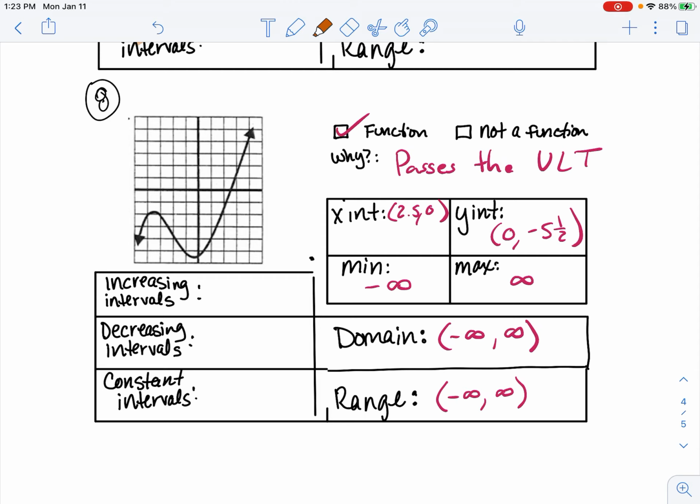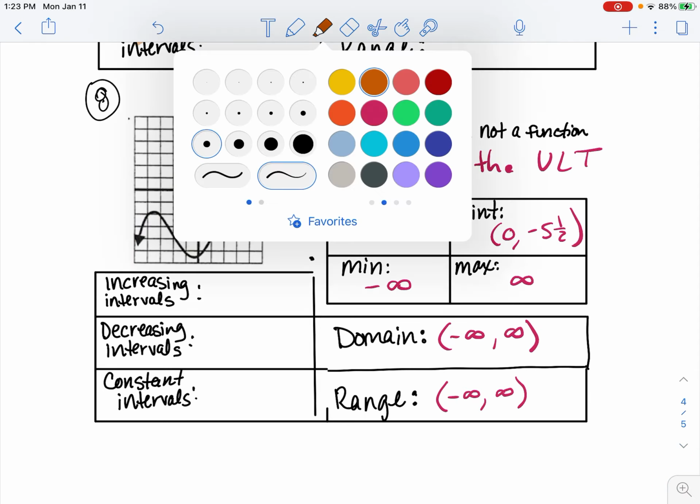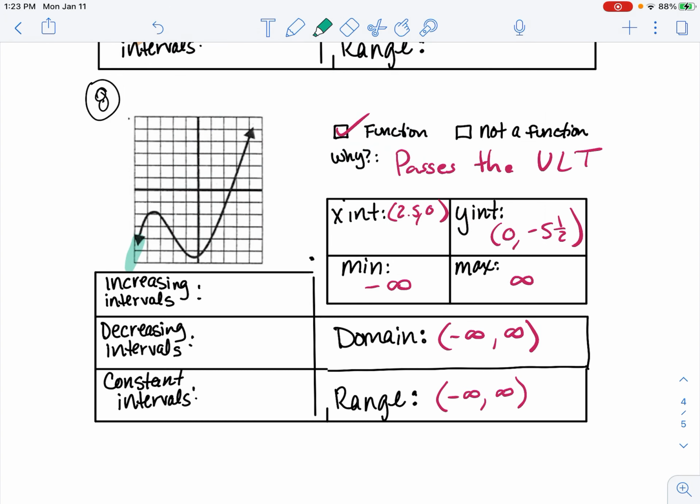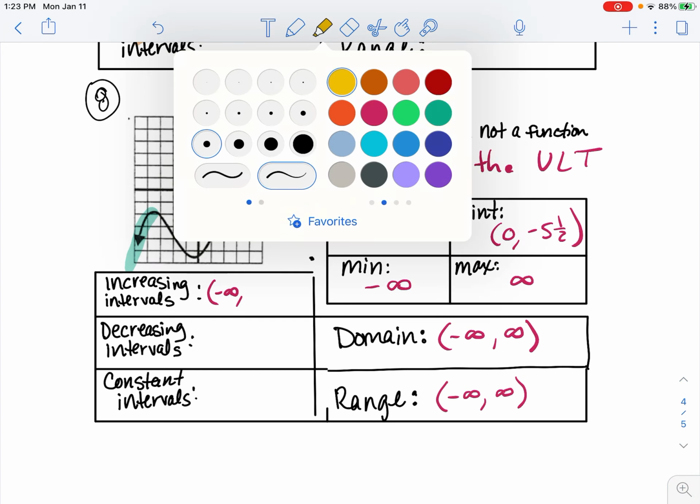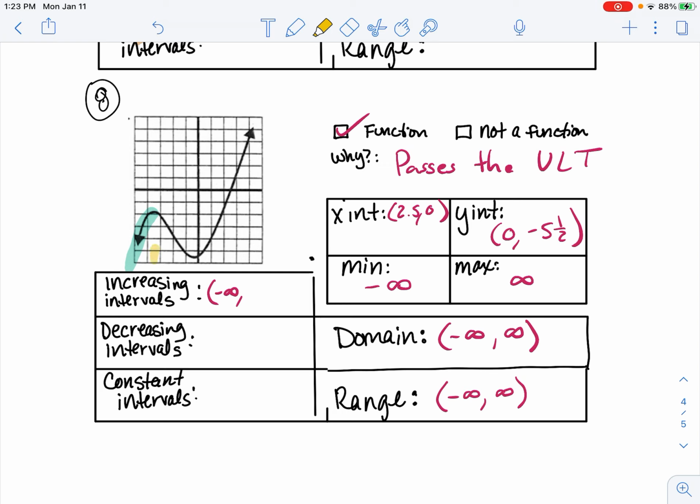Okay. Increasing intervals, it's increasing from -infinity. Oh, I use a different color. Increasing. So it's increasing from -infinity until it gets to right about here, which is -3.5.